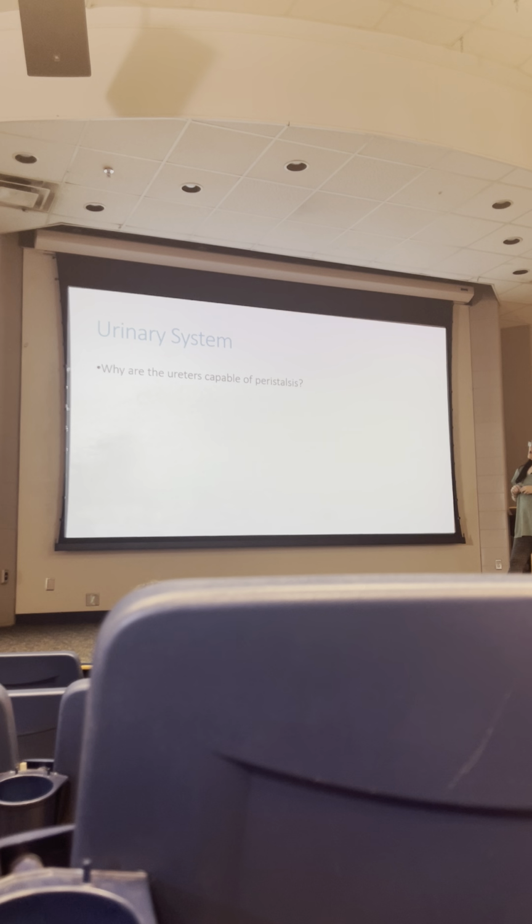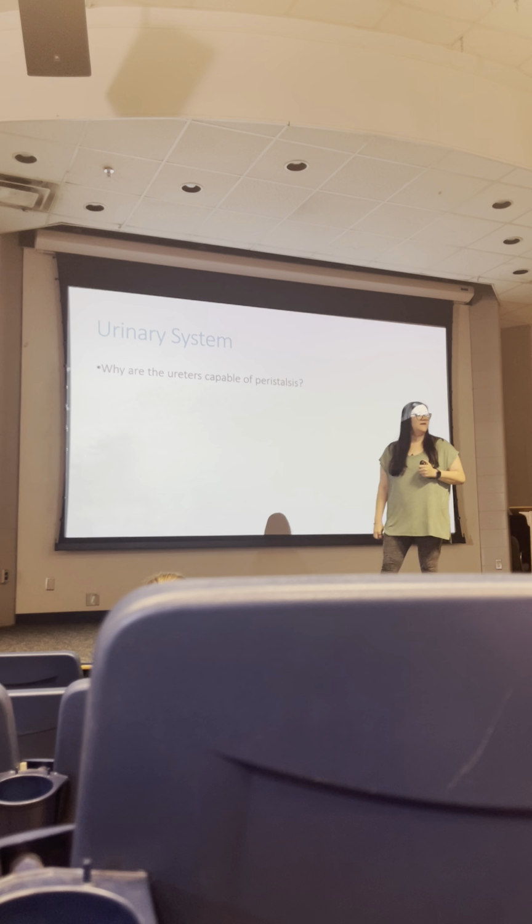So, why are our ureters capable of peristalsis? If the ureters just connect to the bladder, and we use gravity to push urine down, why do I also need to have the capability of peristalsis? So what happens when you're no longer standing up straight?